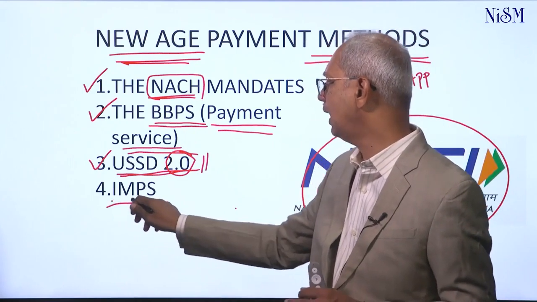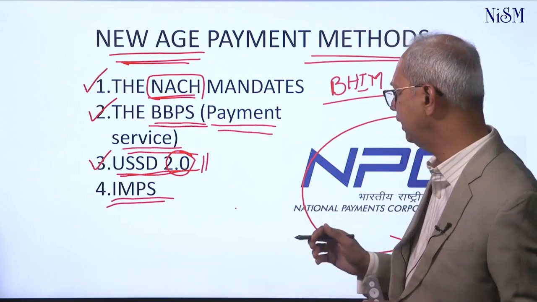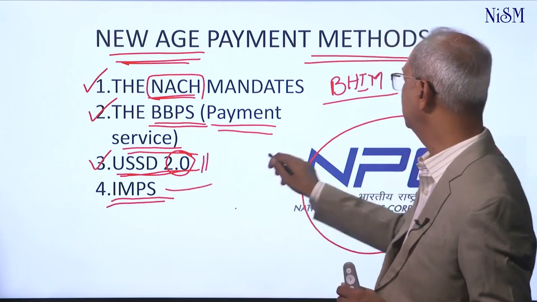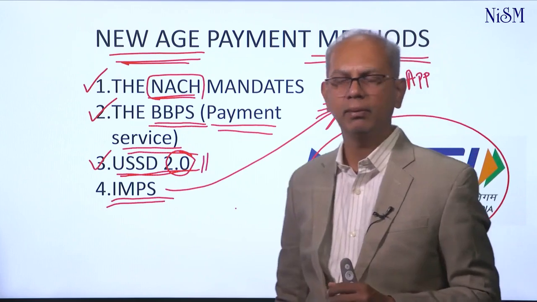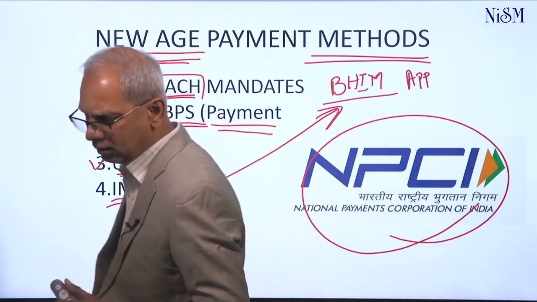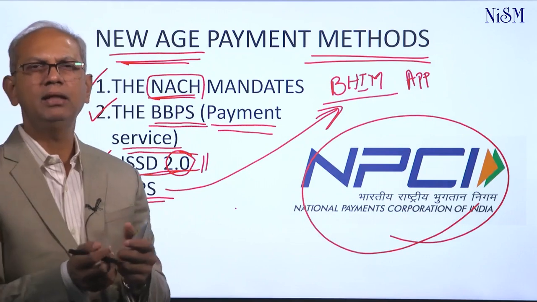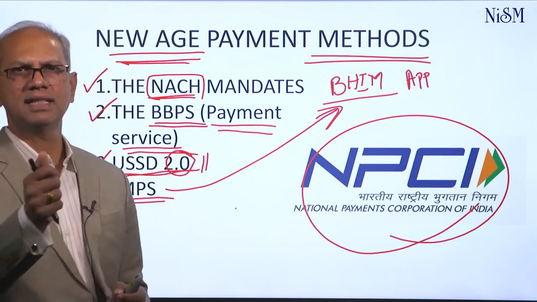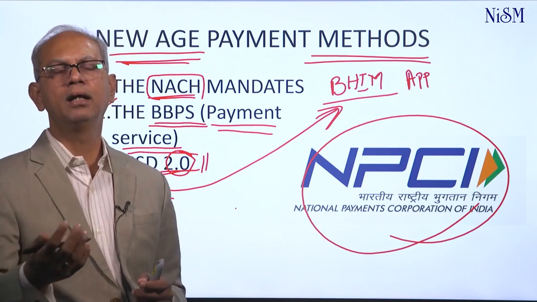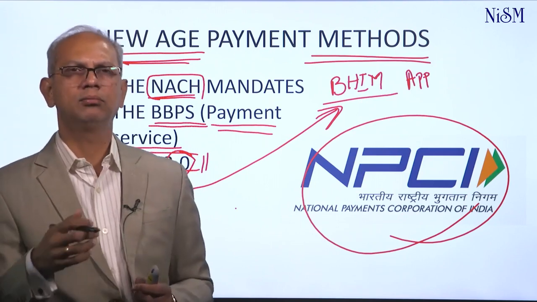And this is IMPS, or the Immediate Payment Service, right? Again, we are talking about the digital wallet or the BHIM app here. So the apps that you use when you're sending money from one person to the other without giving it too much thought, you're scanning the QR codes and settling your transactions.